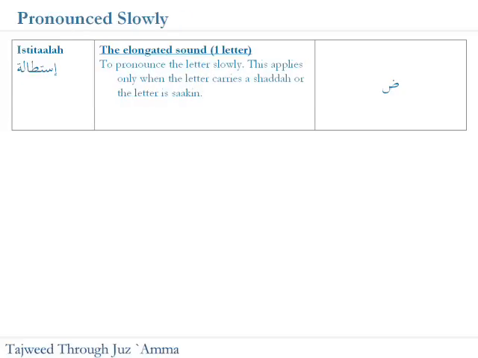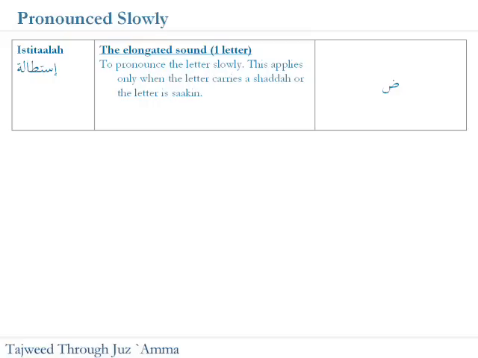Then the elongated sound, known as istitala, is to pronounce the letter slowly. This applies only when the letter carries a shadda or the letter is sakin, and this applies to the dad.